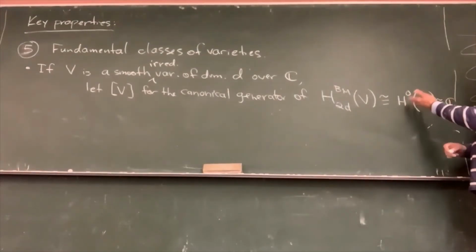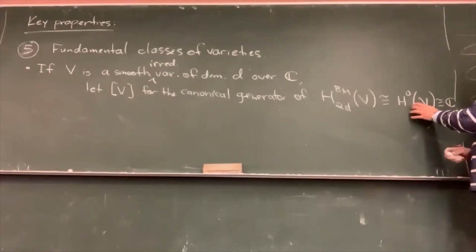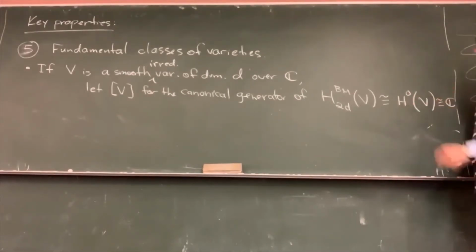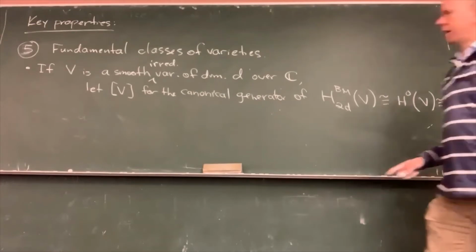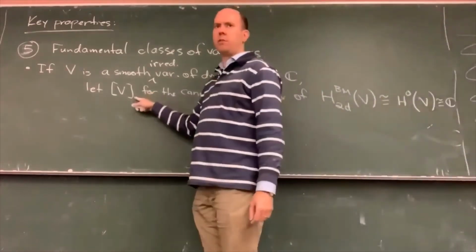You take your 0 cochain and evaluate it on a point. So that's called the fundamental class of V.